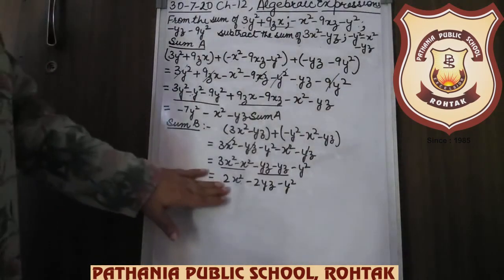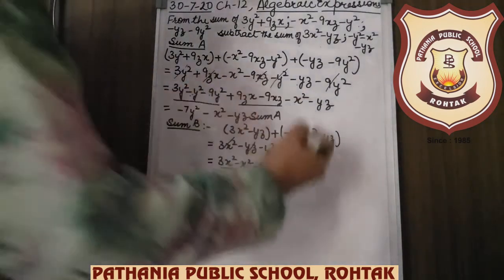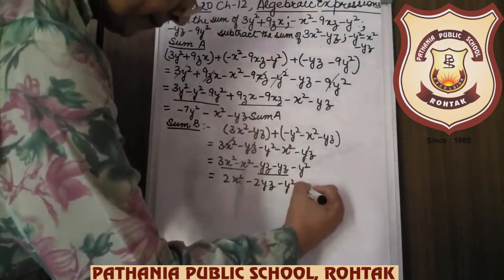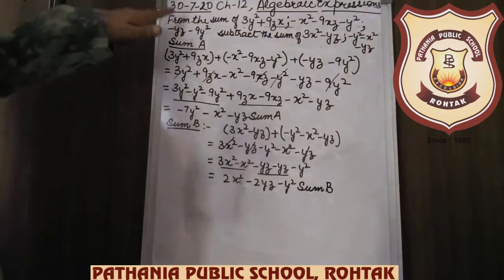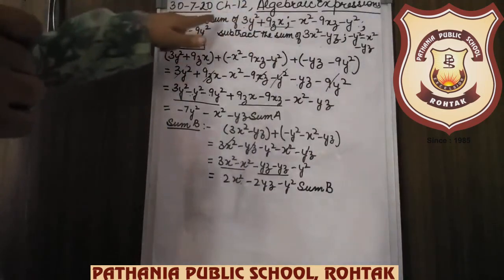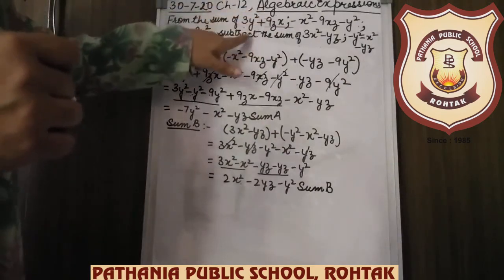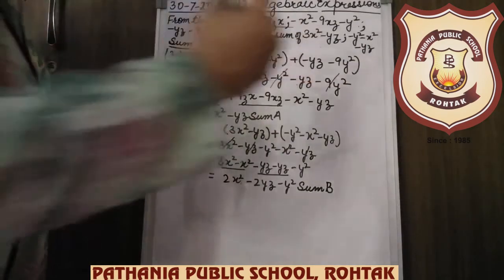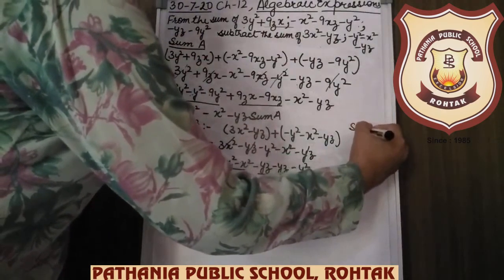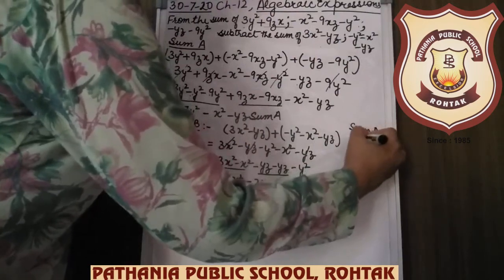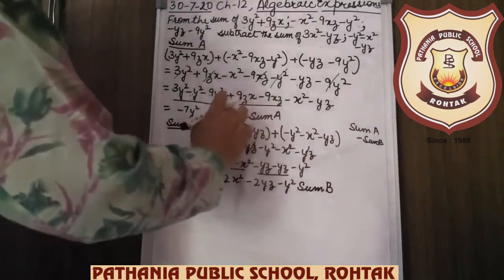Now till here, is it clear to everyone? This is your sum A and this is your sum B. Now according to question, what you have to do? From the sum A, subtract the sum B. That is sum A minus sum B. So what is my sum A?